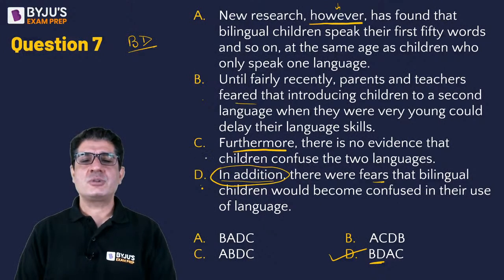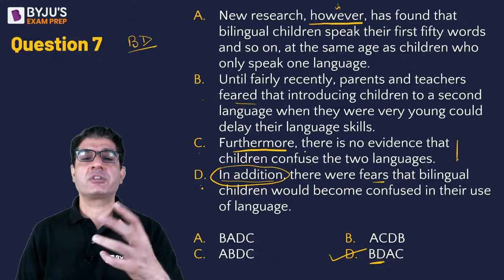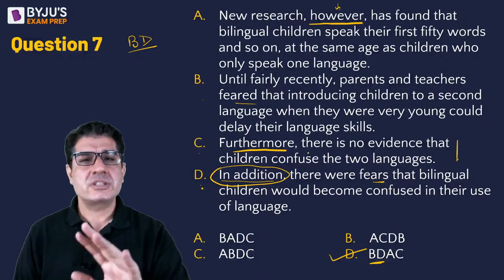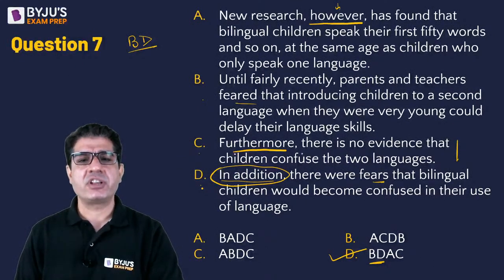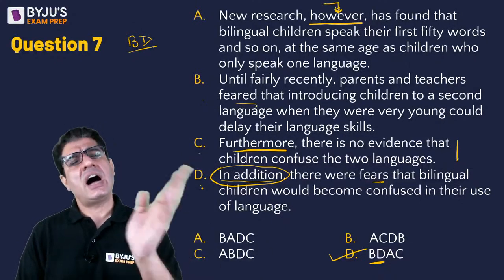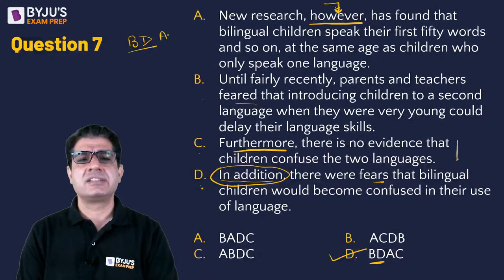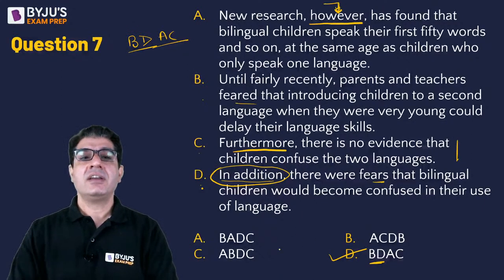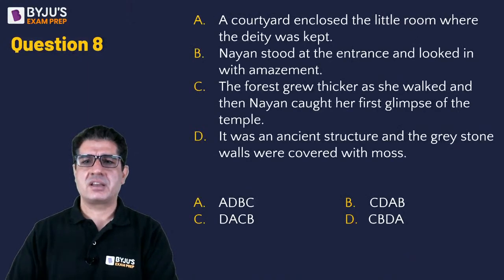So you cannot use C immediately afterwards because furthermore shows continuation. So C also in a way contradicts the ideas mentioned in B and D. A, with the help of however, introduces that contrast, after which you can also write C. So BDAC, right?